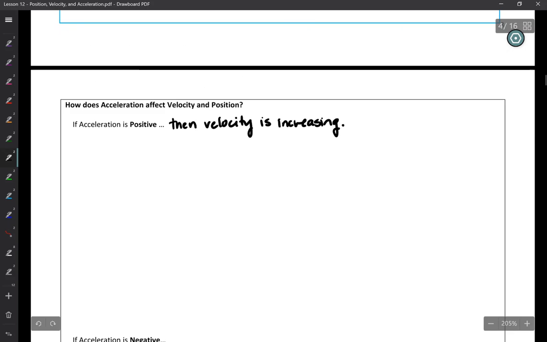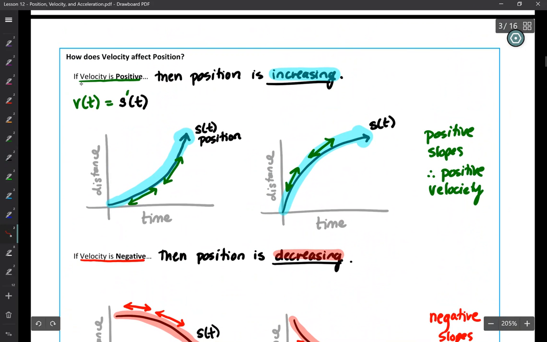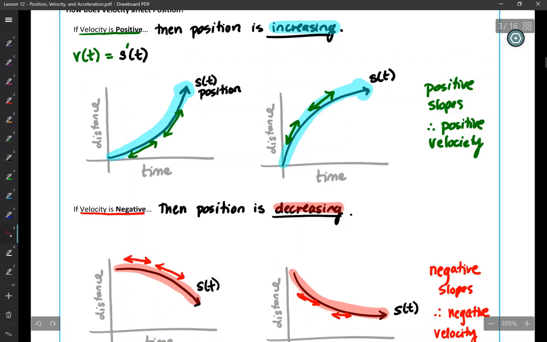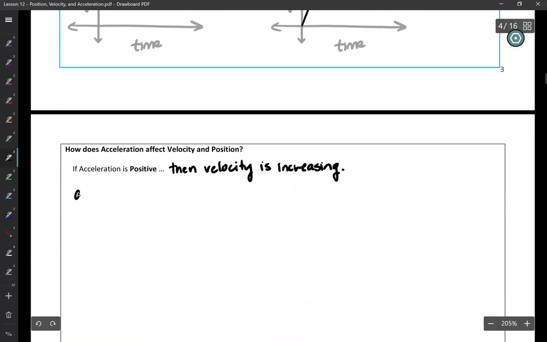This is just like me saying if velocity was positive, then position is increasing, because velocity is the derivative of position, the rate at which position changes with respect to time. The only difference here is that acceleration is the derivative of velocity. Okay?